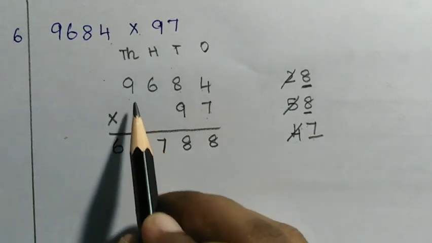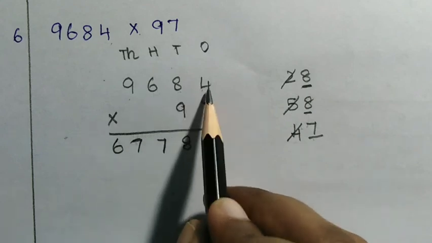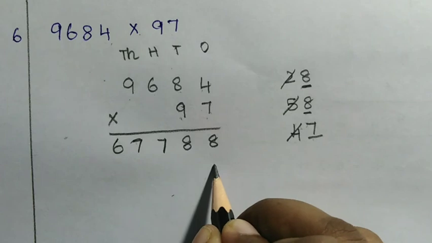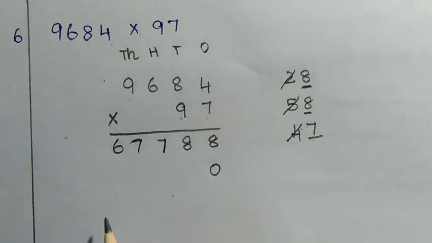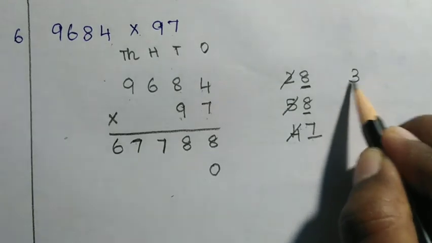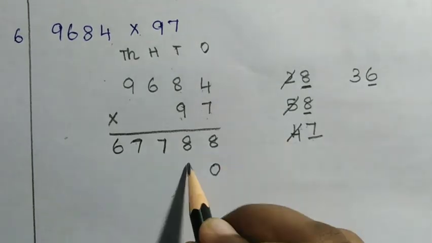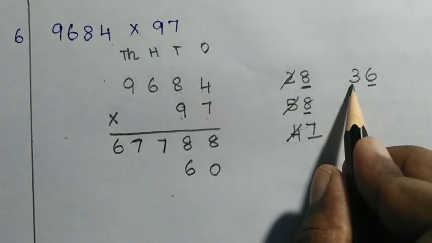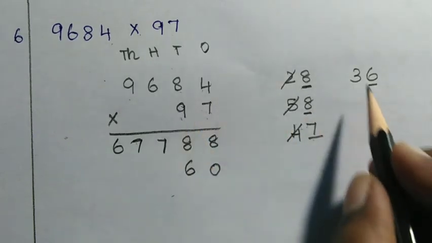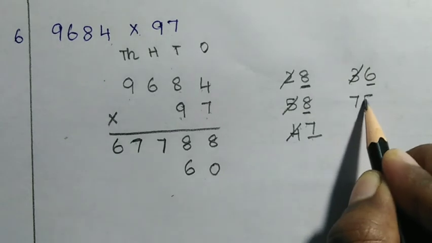Now let us multiply 9,684 with 9, the digit in the tens place. So you have to place a 0 over here. 4 9s are 36. So 6 will be written over here and 3 is the carryover. 8 9s are 72 plus 3, 75.